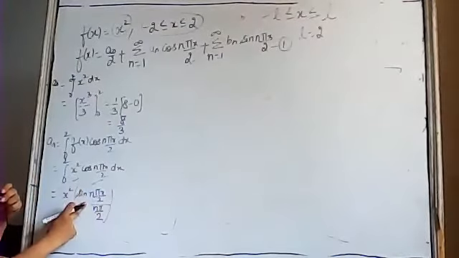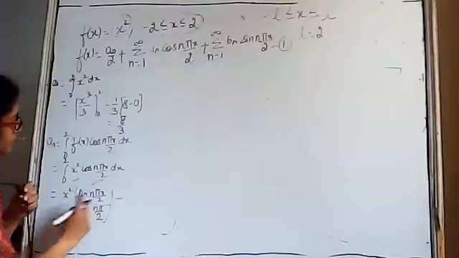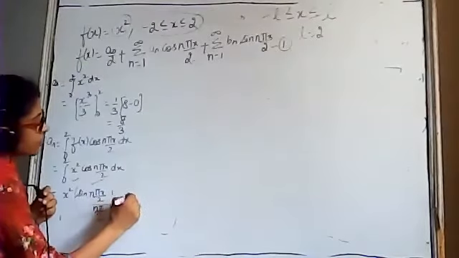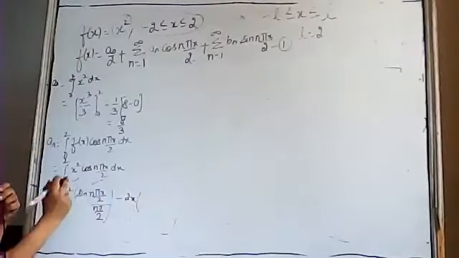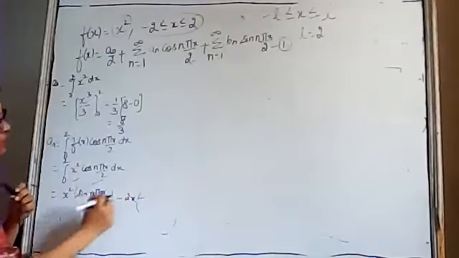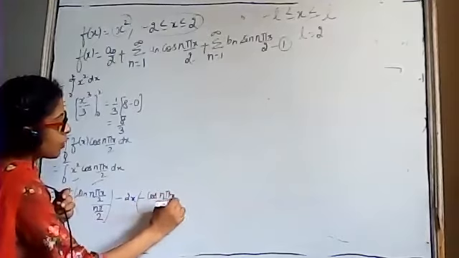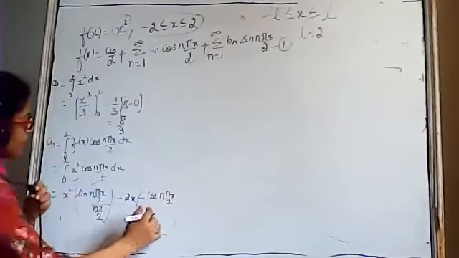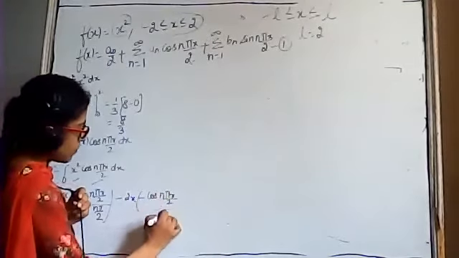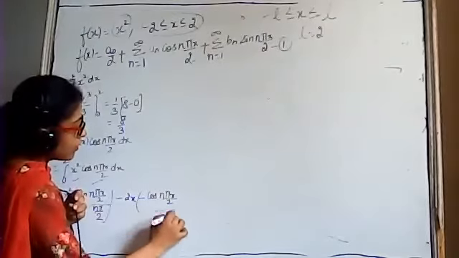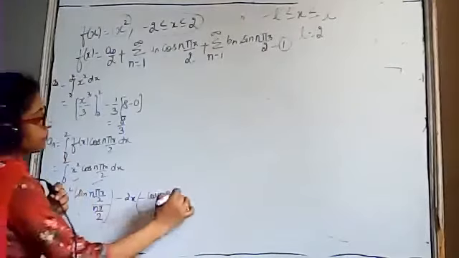U into the integration of this, minus the differentiation. This is equal to 2x into, again integrating this term, it will be cos of n pi x upon 2 whole divided by n pi by 2 the whole square.